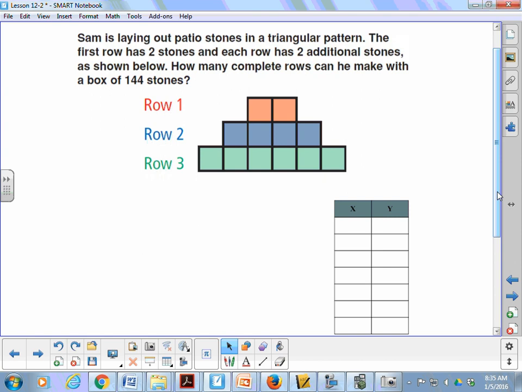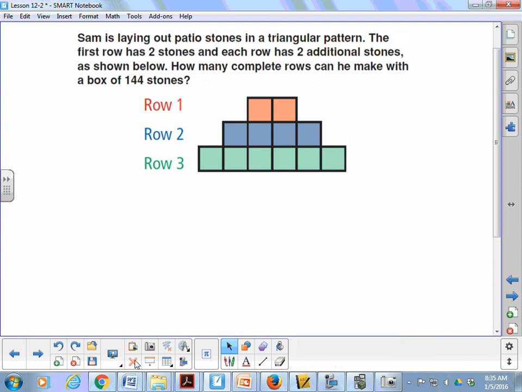So Sam is laying out patio stones in a triangular pattern. The first row has 2 stones, and each row has 2 additional stones as shown below. How many complete rows can he make with a box of 144 stones? So this is actually just like that problem from the quiz.